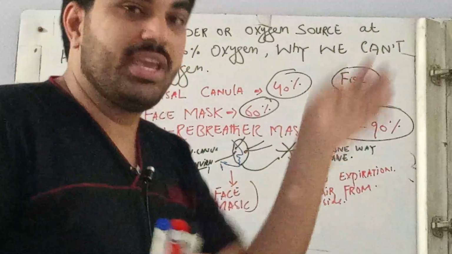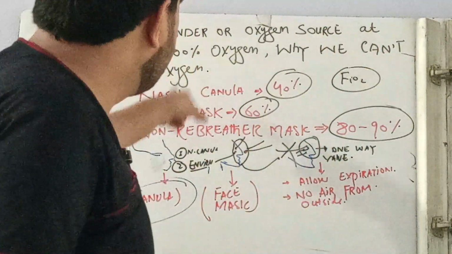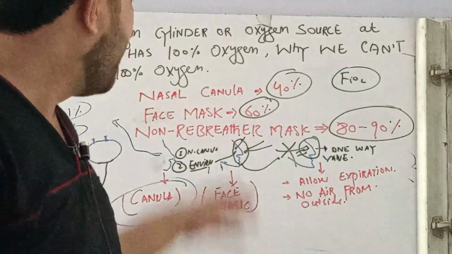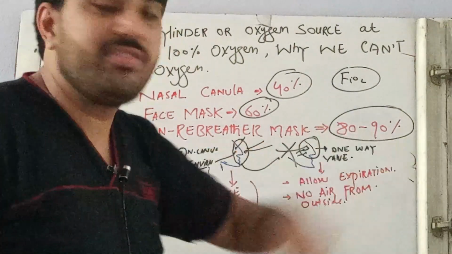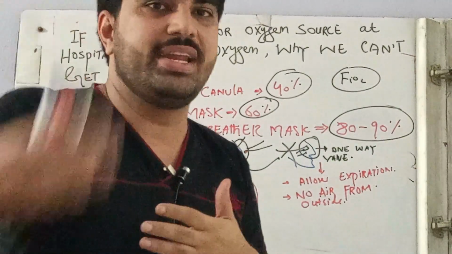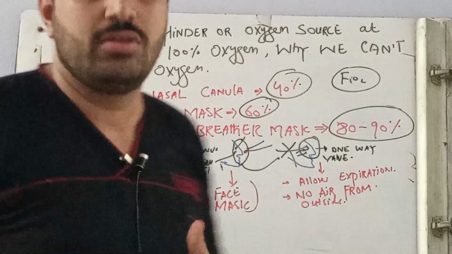How much oxygen we can give with each of them, I already discussed in my previous lecture. And even if the person is not maintaining saturation with the non-rebreather mask, the next step is CPAP or BiPAP or ventilator. Thank you for watching.